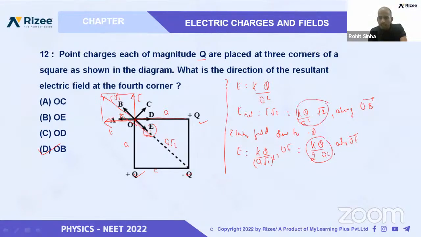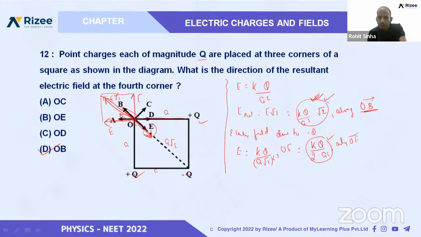now we can write like this. Here you can see this and this, which is greater. You can see this one is greater than this. So the net electric field will be along the OB direction, because they are along a straight line. It is in this direction and this is in this direction, and it is greater.